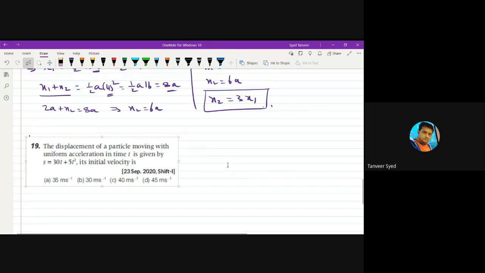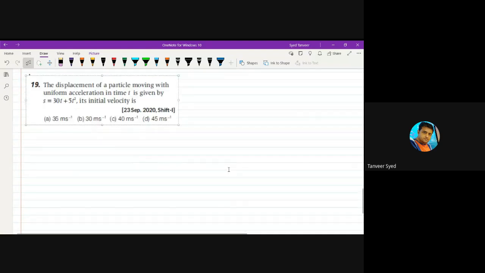Displacement of a particle moving with uniform acceleration in time t is given by s equal to 30t plus 5t square. What is this displacement? Then its velocity.